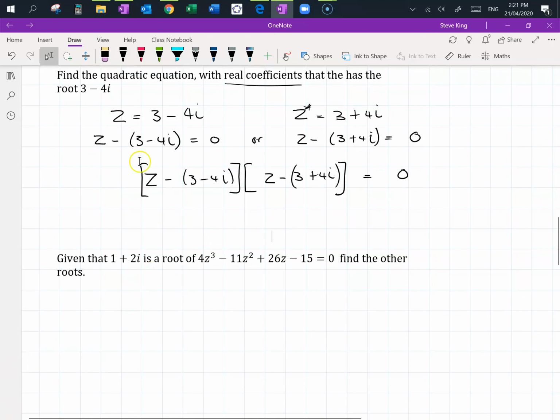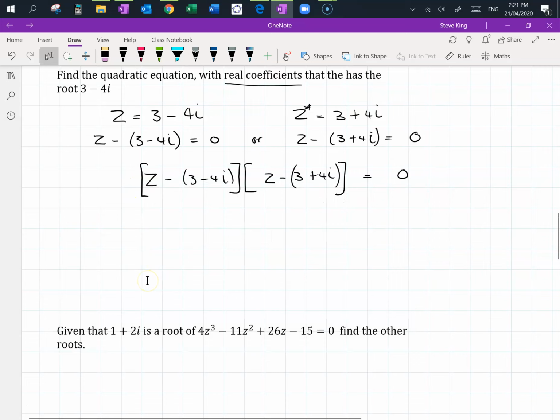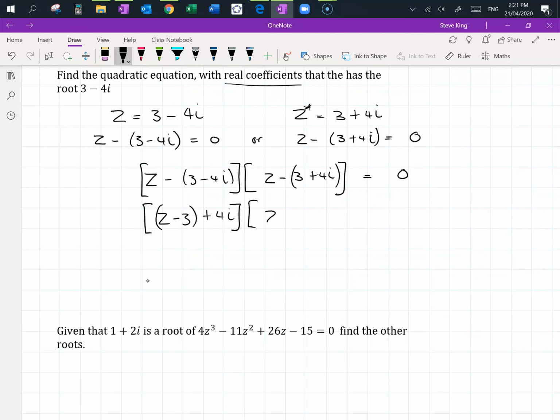If I expand this using the normal FOIL method that you're used to, it's going to get a bit messy. So here's a trick that we're going to use. I'm going to remove these brackets and put a new set of brackets in. I'm going to bracket these two things together, z minus 3, and I'm left with plus 4i. In the second bracket, I do the same thing: z minus 3, and I'm left with minus 4i.